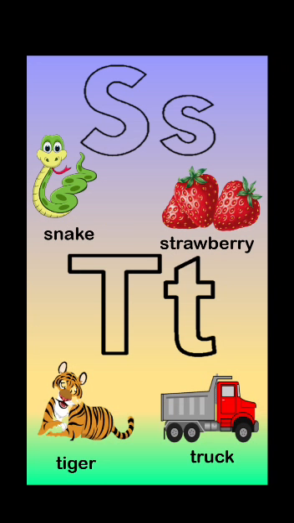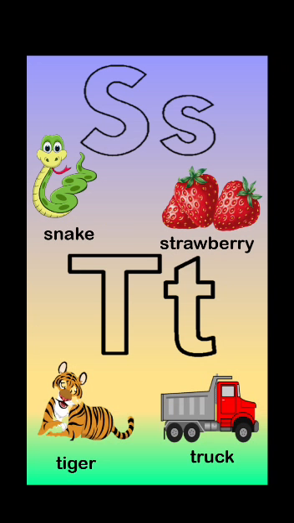Letter S. And the sound of letter S is S. What are the vocabulary words of letter S? S for snake. S for strawberry.